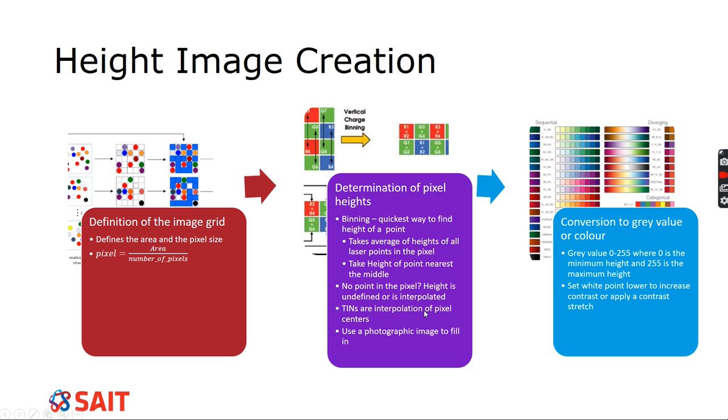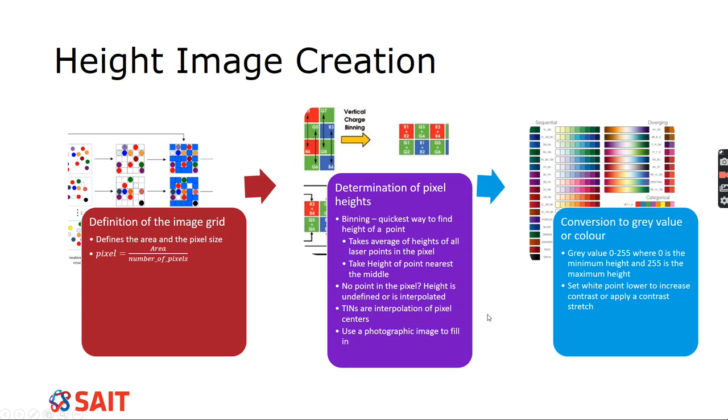It's a type of interpolation. Other methods include using a photographic image. Photogrammetry is used a lot now in conjunction with LiDAR. They kind of come together as a package. Those photographs will fill in that empty space and still make it look like a full model rather than leaving it as a blank black hole.